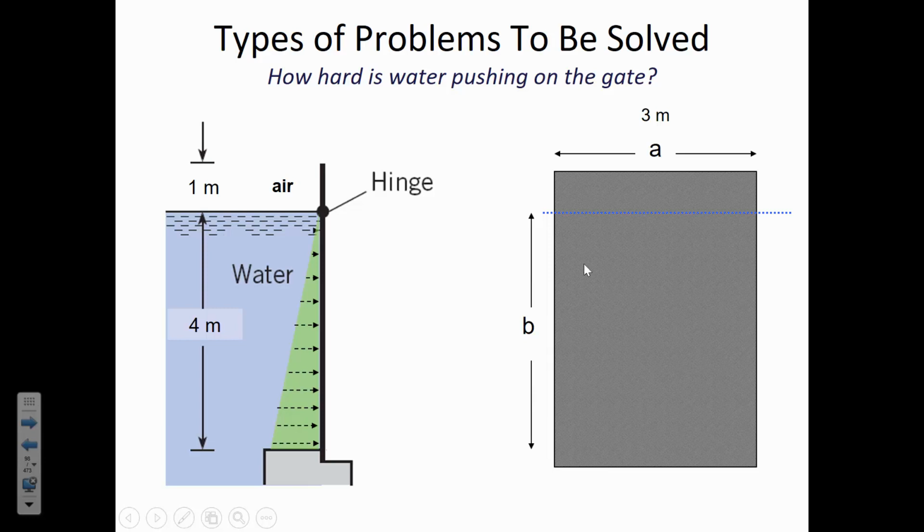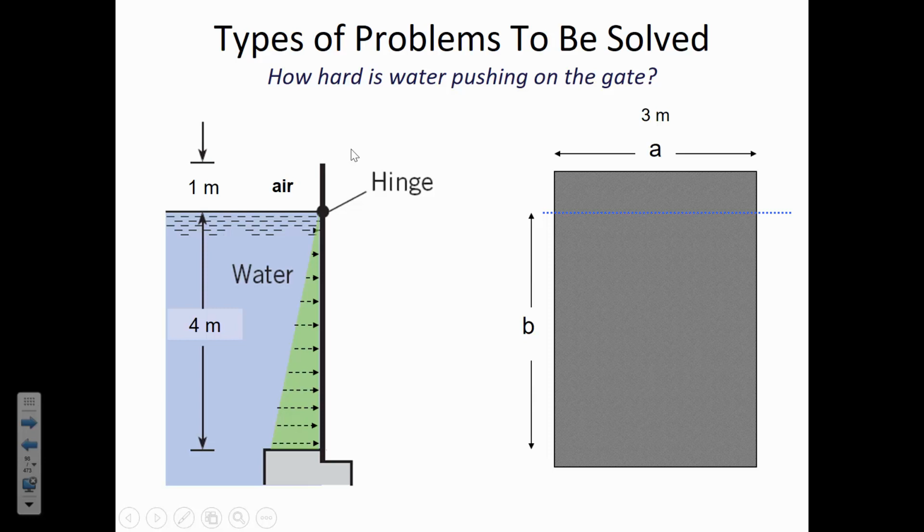So keep in mind that it's a linear distribution. The pressure is increasing. So up at the top edge, where we've got air, there's zero pressure there. So this triangular pressure distribution starts at 0, and then it increases linearly as we go down.